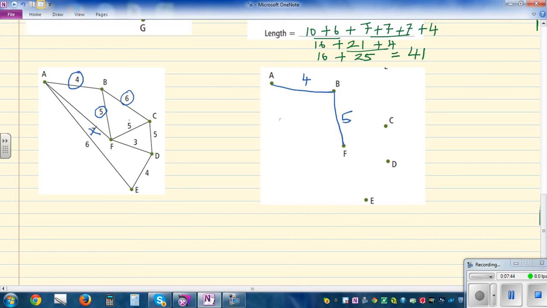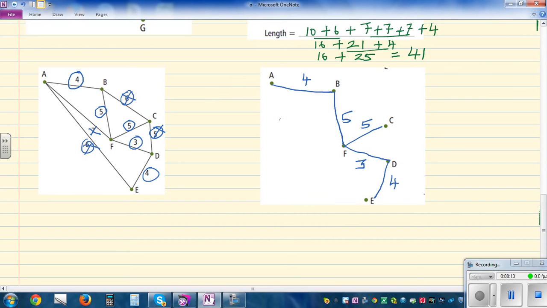This one is greater, so I'm going to cross that out and use this 5. Now for D, you have got 3 and 5. I'm going to cross out 5 and use 3. And finally, you got 4 and 6. 6 is greater, so I'm going to cross that out, and this is connected.